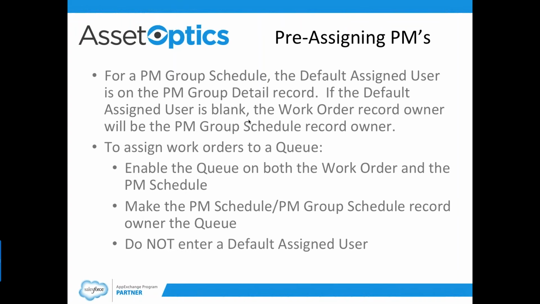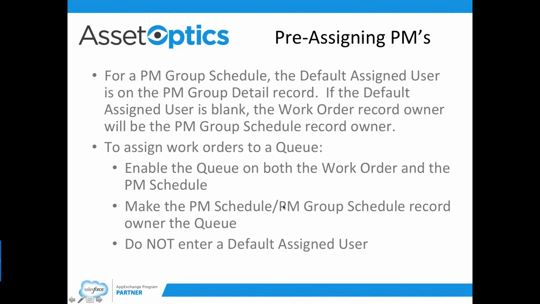And if you're not familiar with what queues are, essentially a named group of users. So if you want to have all of your PM work orders assigned to queues, then what you do is you enable that specific queue on both the work order and the PM schedule.